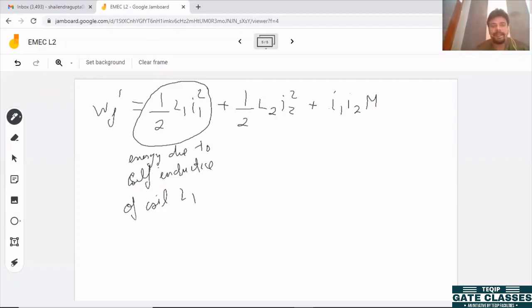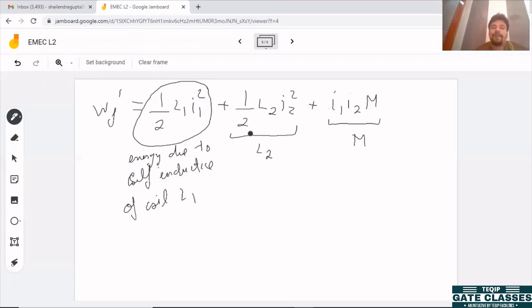The second term is due to L2, the self inductance of coil L2. The third expression is the energy stored in the mutual inductance M. The flux which is linking from coil 1 to coil 2, how much energy content is in that component of the field.